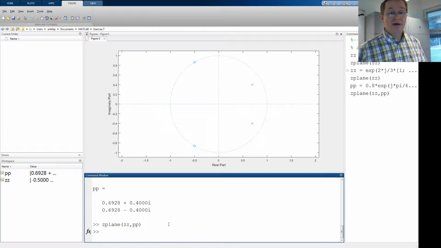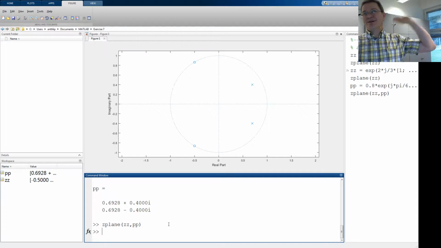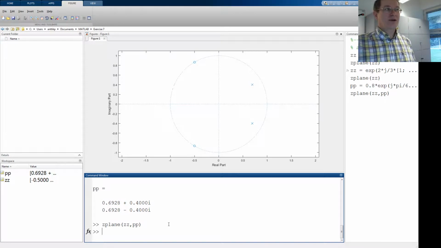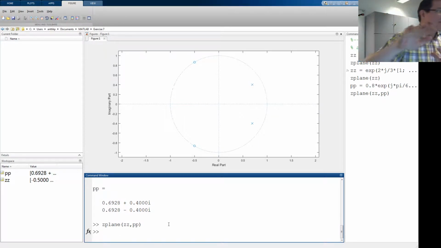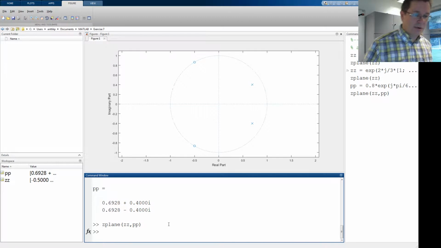Okay, that's our system. Looks like that. A little bit better though. So I don't care about anything else. This is the system zeros and poles. I don't care about the gain either, since I also want to show where this one actually settles to.